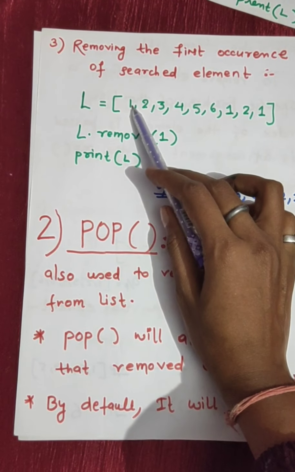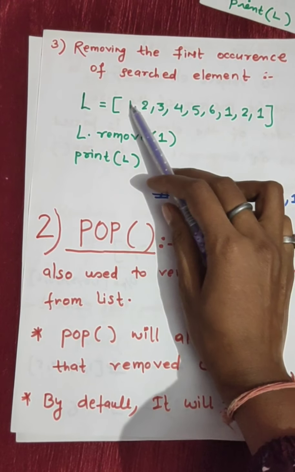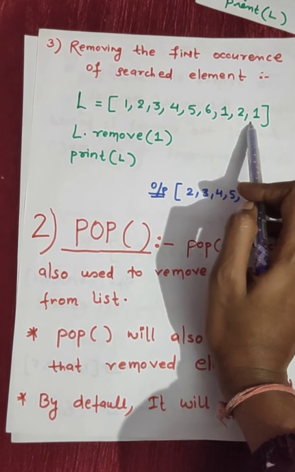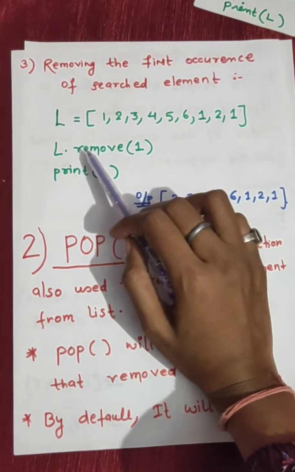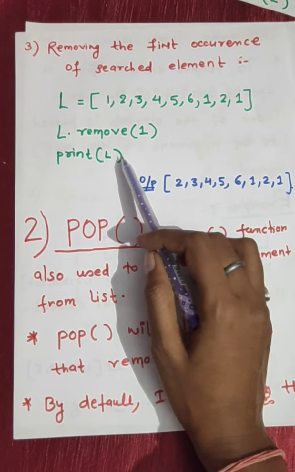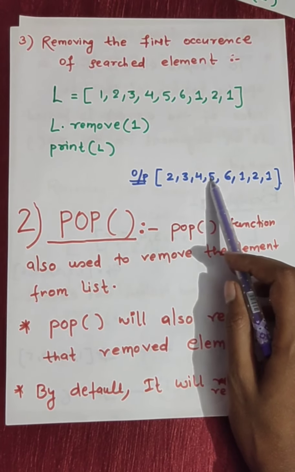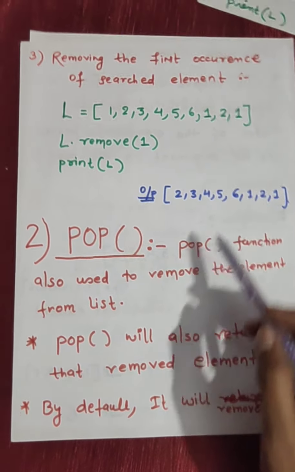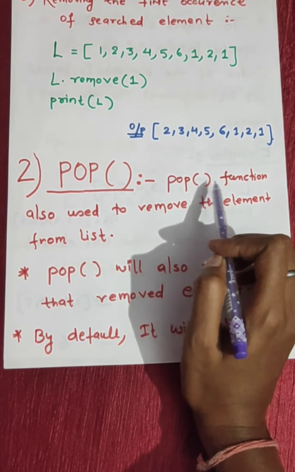If 1 is here and here also, it will only remove the first occurrence. It will not remove the others. This is the property of the remove function. So L dot remove 1, and if you print the list L, the output will be 2 3 4 5 6 1 2 1.